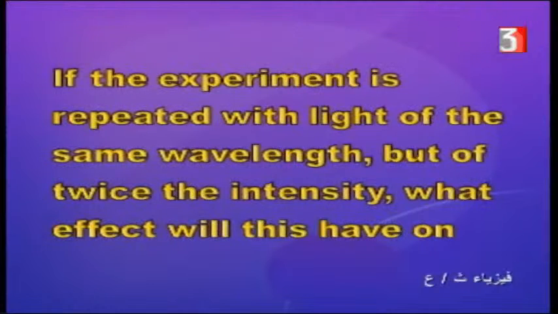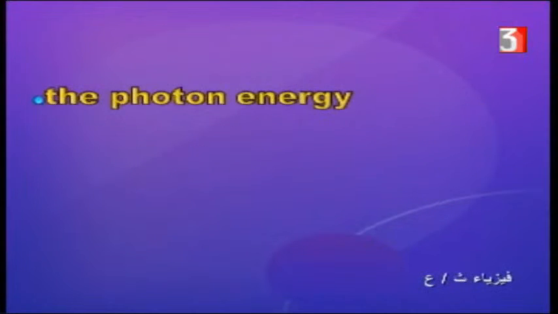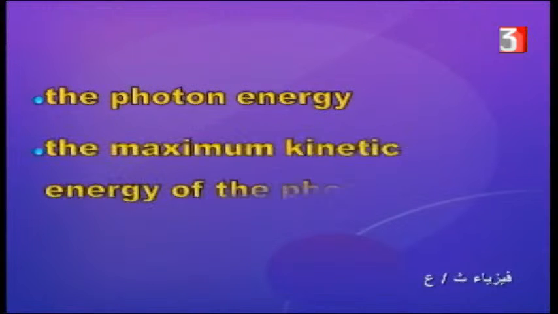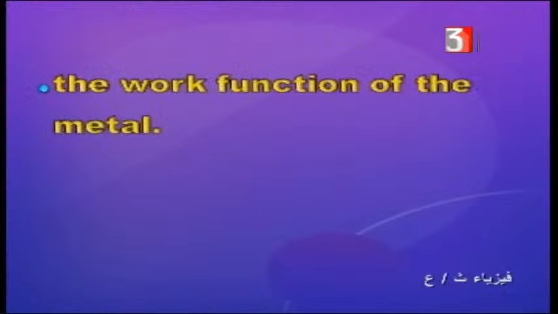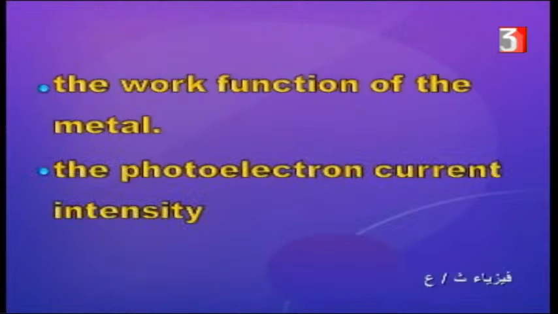What effect will this have on the photon energy, the maximum kinetic energy of the photoelectron, the electron ejected, and finally, the work function of the metal and the photoelectric current intensity? So we want the effect on four things. Let's take it one by one.